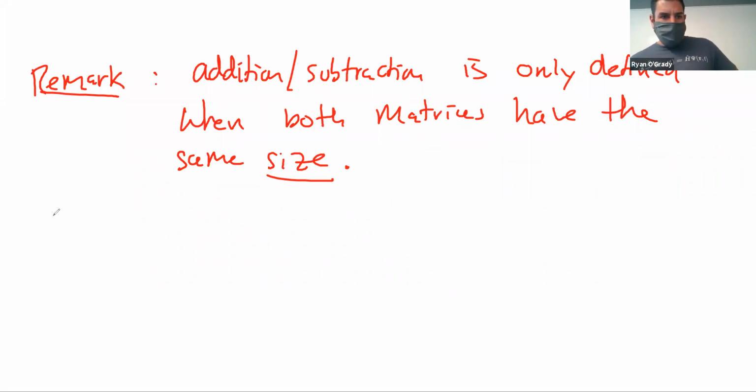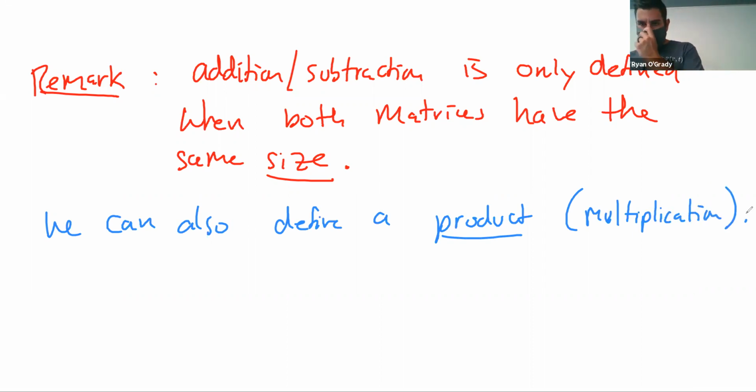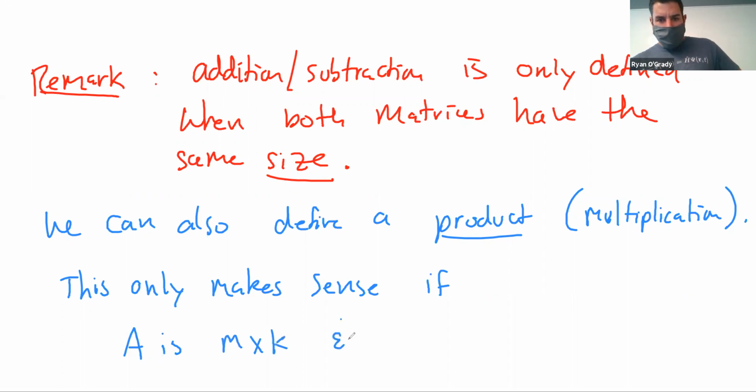All right, we can also define a product. So that's the fancy word for multiplication. So this only makes sense if A is M by K and B is K by N. So notice I used three letters.